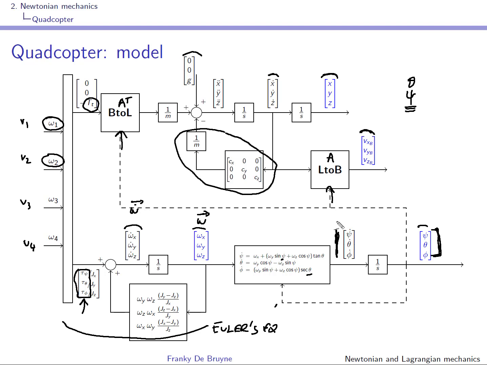So for control around the hovering position with pitch and roll angles that are not too big, this model is okay. If you want your quadcopter doing acrobatics, then this model is not suited.